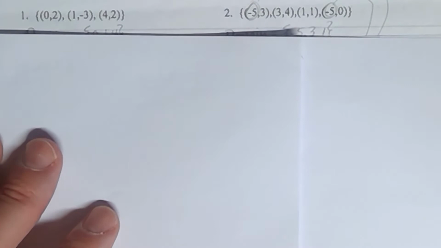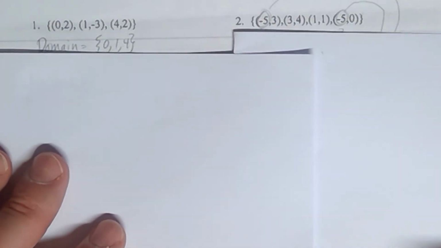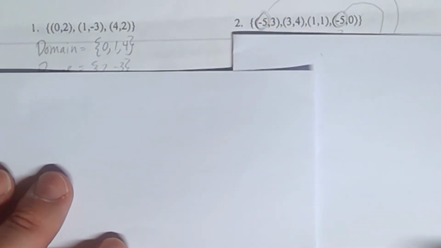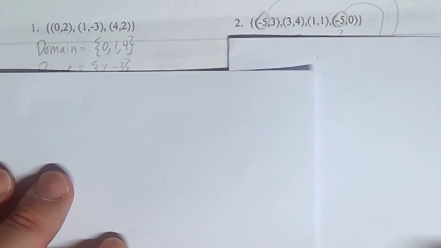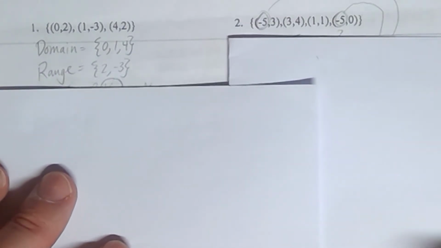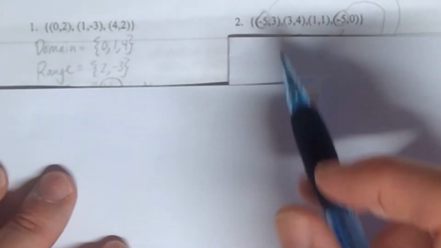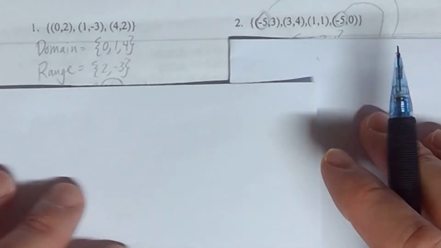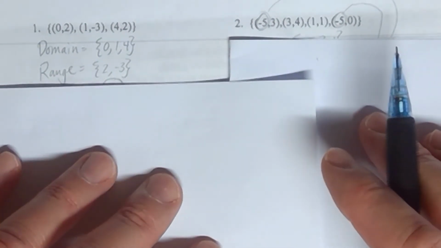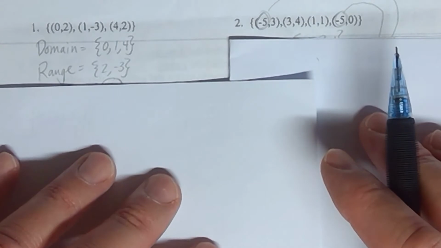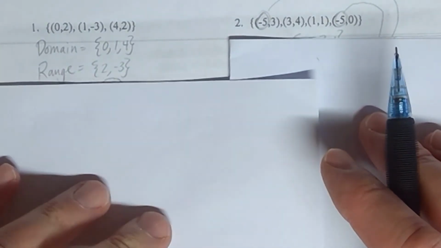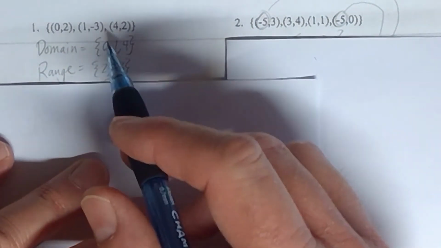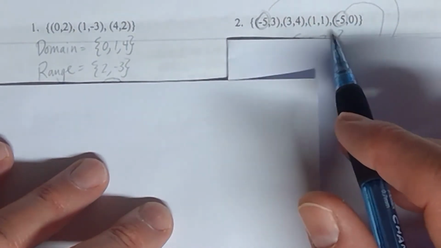Okay. So, number 1. Again, in these first two problems, you just have to make a list because it's just a few ordered pairs. It's not a graph where you have an infinite amount of ordered pairs. It's a finite amount of ordered pairs, less than infinity. That's what finite means. And it's much less than infinity, just 3 pairs here and 4 here.